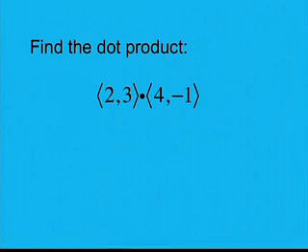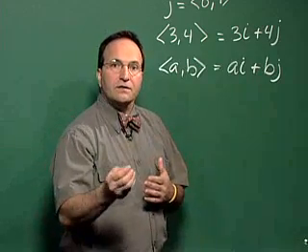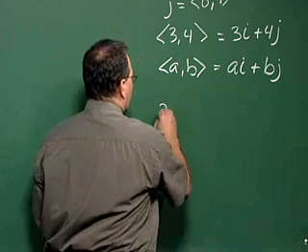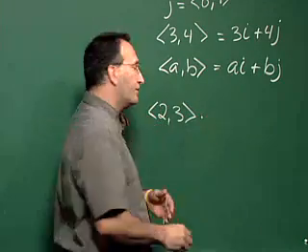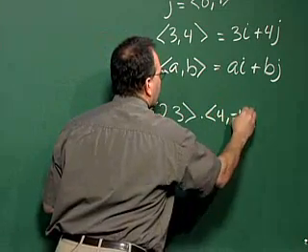So, find the dot product of the vector 2, 3 and the vector 4, -1. Let me write down those two vectors, 2, 3, dot product of 4, -1.